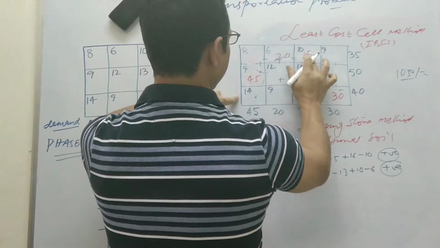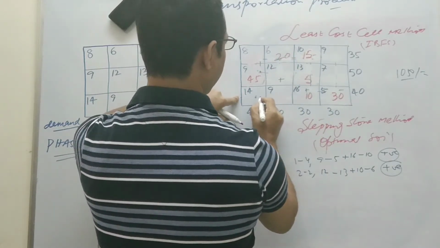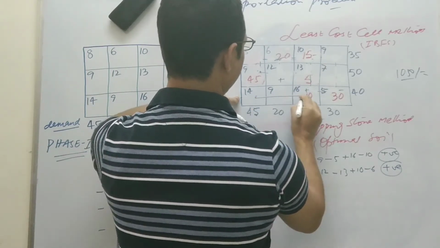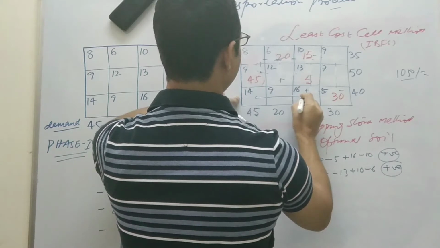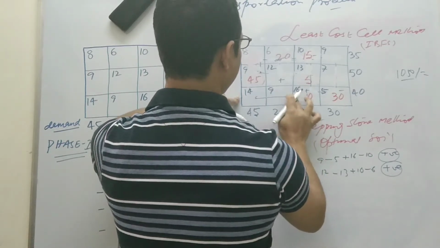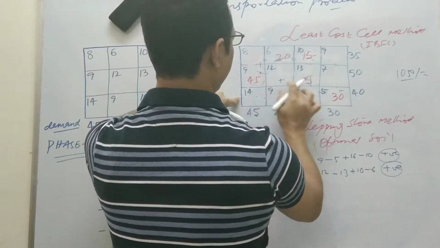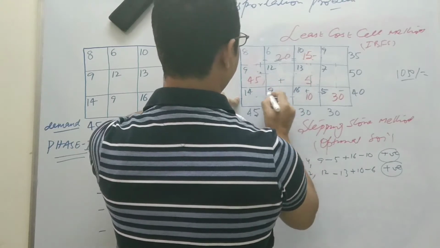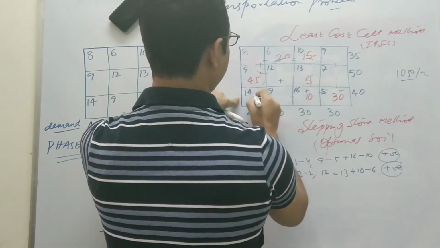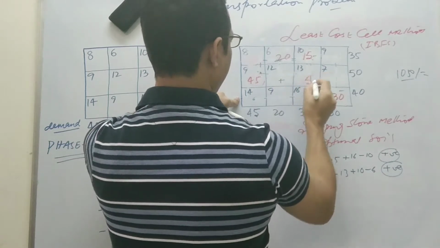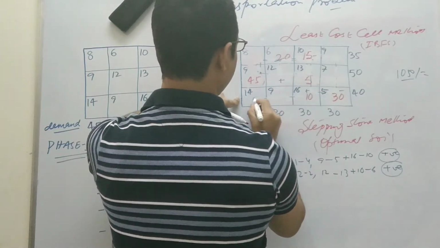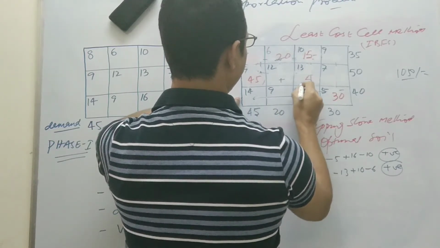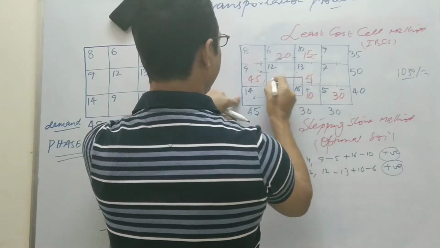To get a cycle, we start from this cell and move up to this cell, up to here, then up to here, then up to here.